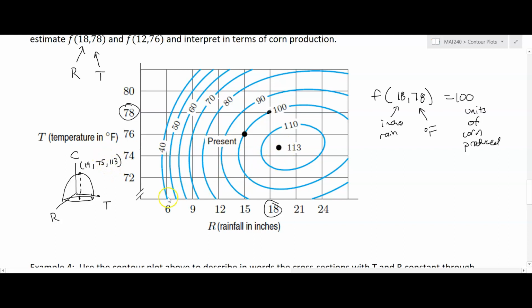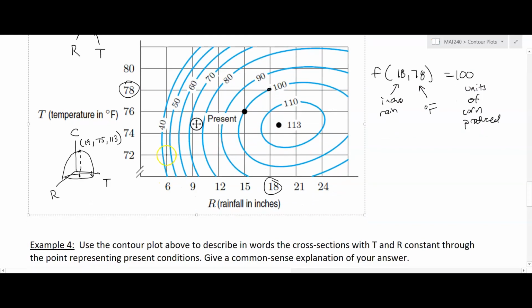And then we can see if we get very little rainfall, like 6 inches, we're pretty much destined to get somewhere between 40 and 50 units of corn produced. Now, what happens right there? Well, right there is where I have 6 inches of rain, 72 degrees Fahrenheit average temperature, but I see that I'm somewhere about halfway between the 40 and the 50 contour.